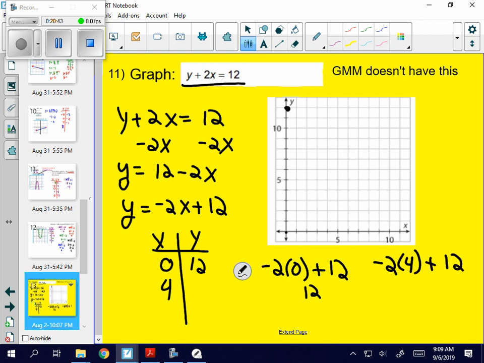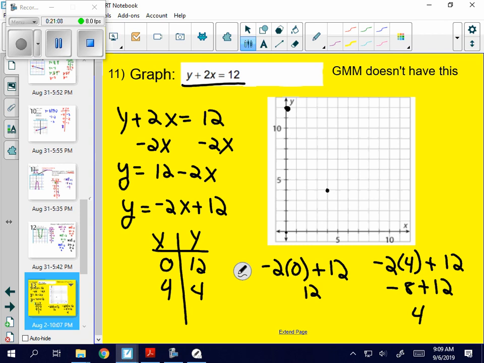Negative 2 times 4 is negative 8 plus 12, and we get a 4. When we plugged in 4 for x, we got 4 for y. And that's our one other point, and we've got our line. A third point would actually prove that we've got those other two in line. Let's go ahead and get a third point and plug in 6.